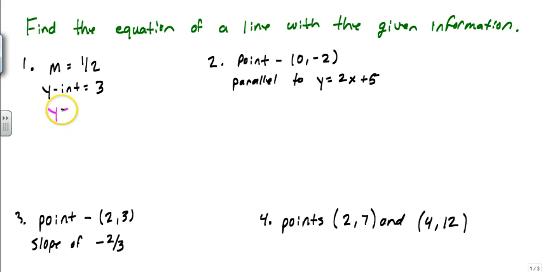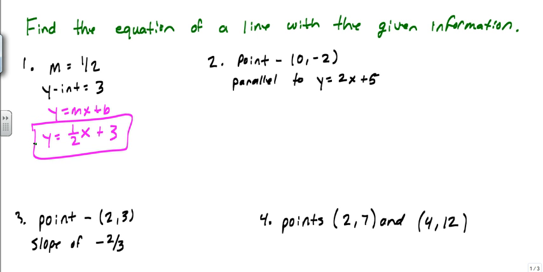So you're looking at y equals mx plus b, and you just plug your numbers in. So you have y equals m is 1/2, so that's the slope, x plus your y-intercept, which is b, plus 3. There's your answer. When you can find the slope and you can find the y-intercept that quick, then you're going to find your equation that quick. It's that easy.